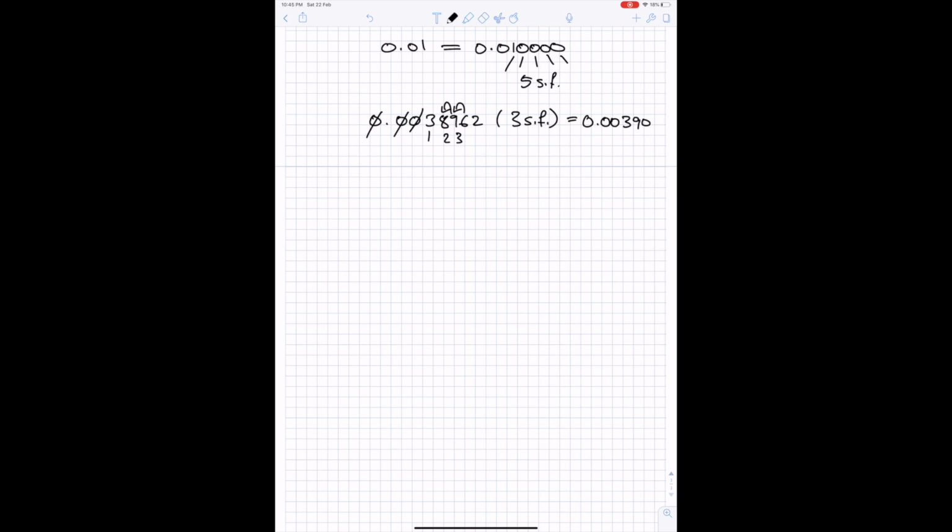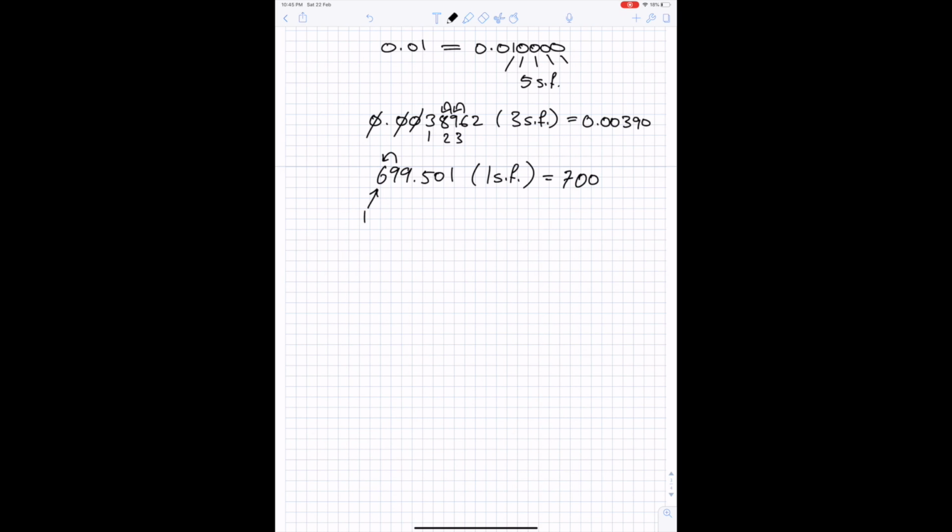All right, one last one, 699.501 to 1 significant figure. So that's your first significant figure. And then because the next digit is a 9, which rounds that 6 up to a 7, it becomes 700.